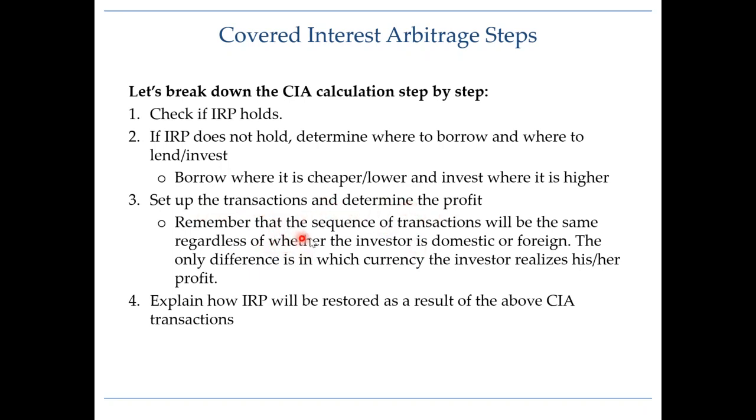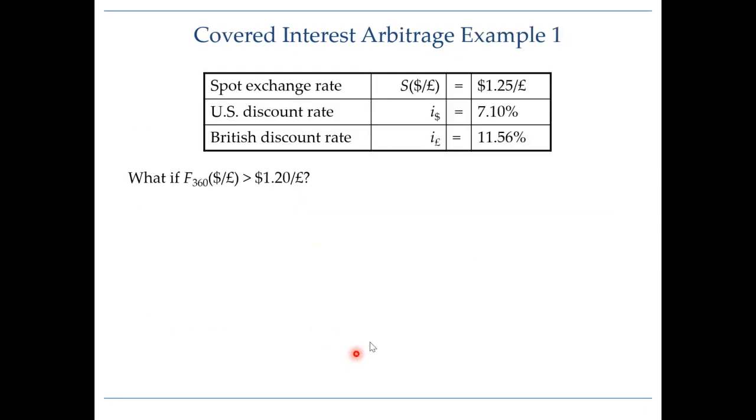And note here that the sequence of transactions you need to undertake to take advantage of covered interest arbitrage will be the same regardless of whether you're a domestic investor or foreign investor. The only difference is going to be in which currency you want to realize your profit in. And finally, you should be able to explain how interest rate parity will be restored as a result of the above transactions. So let's see how that works using the example that we have.